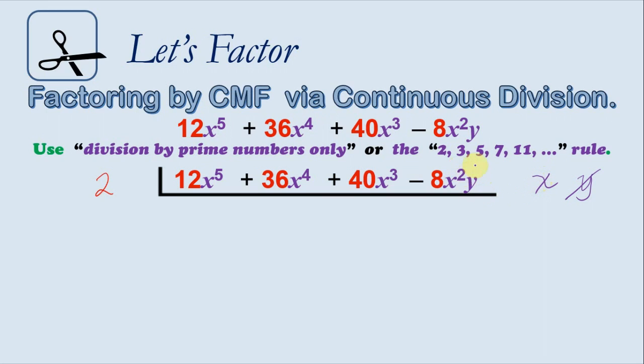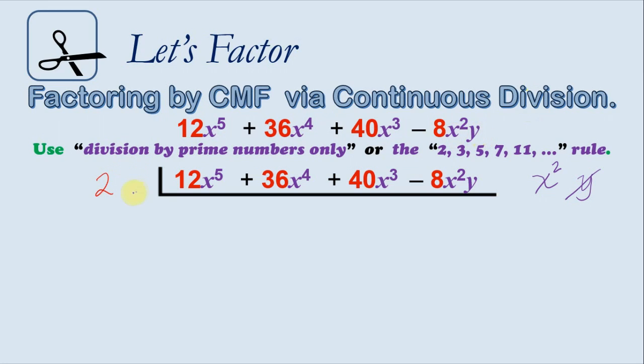Therefore, x squared has the lowest exponent among x to the 5th, x to the 4th, x to the 3rd, and x squared. Therefore, x squared is the GCF of the variable x. At the same time, x squared is the variable GCF, and hence the variable divisor for the whole original polynomial expression. Once again, it is called finding the GCF of variable expressions via the least exponent method.